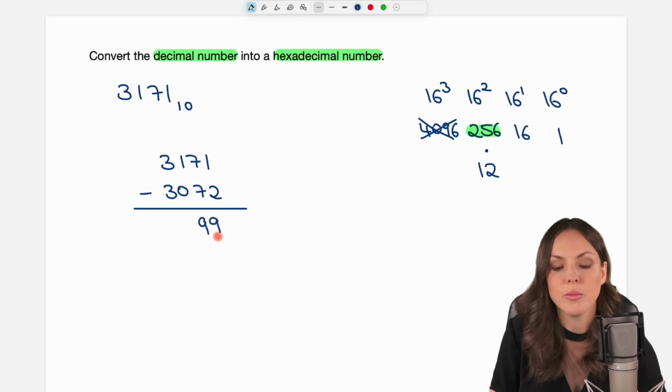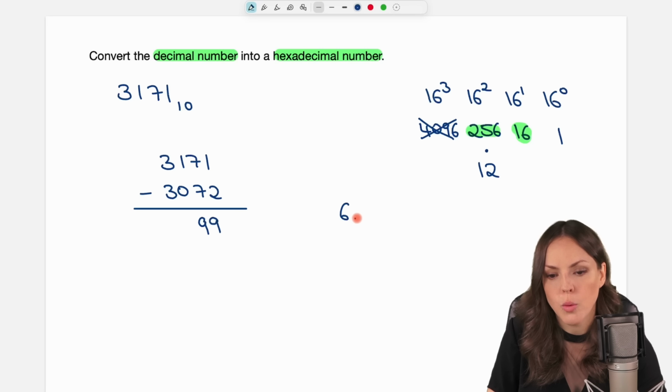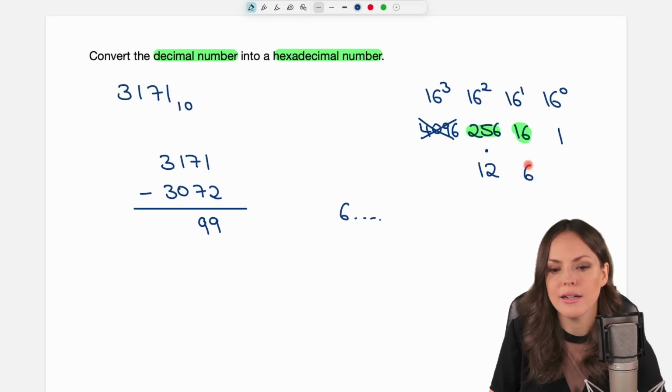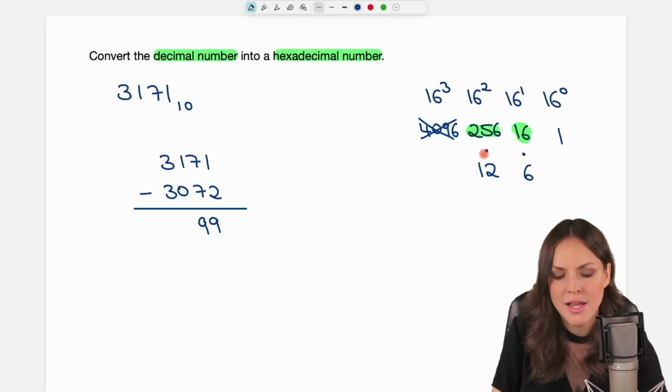This is our new number, and now we do the same calculations with the next smaller number in line with the 16. We take the 99 divided by 16, which gives us something 6 point something. So we take the 6, write it down here, and multiply these two numbers again, which equals 96.